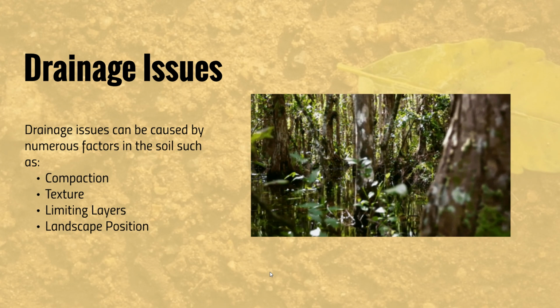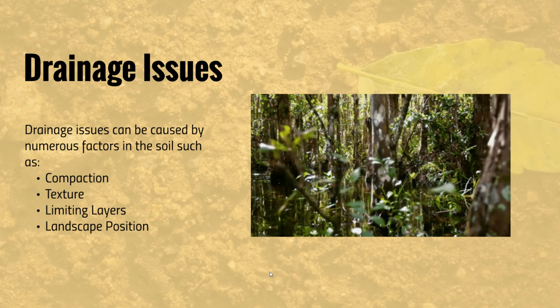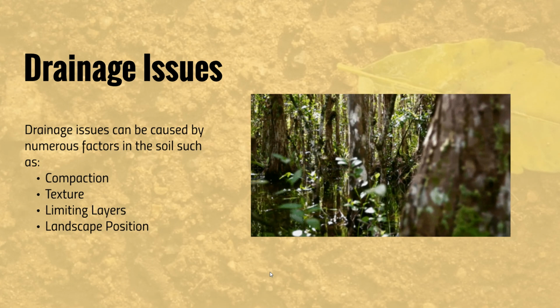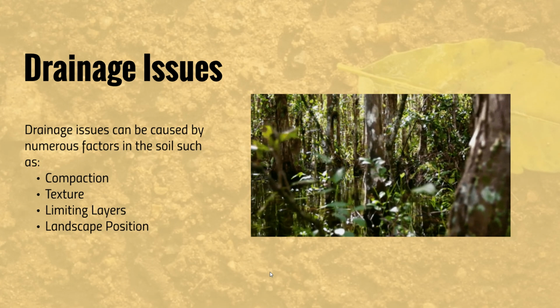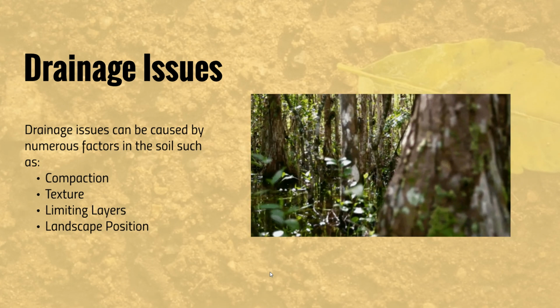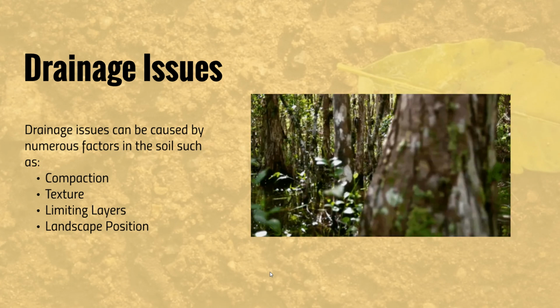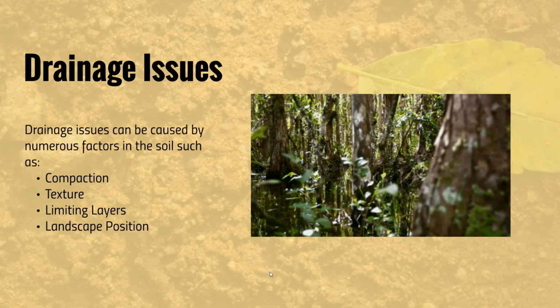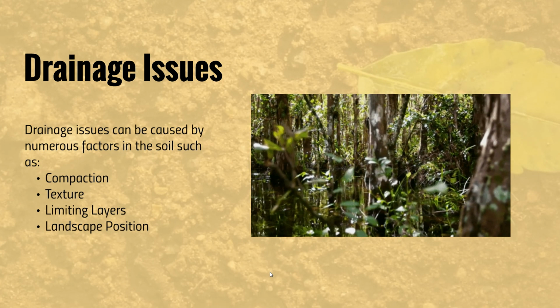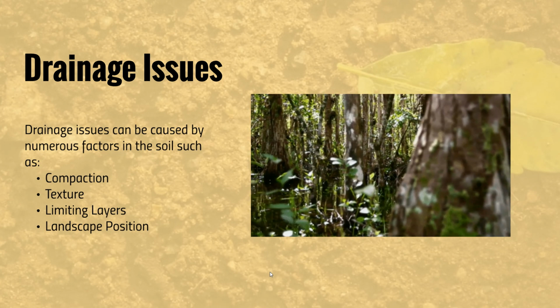All those things sometimes can pop up on your Web Soil Survey. And if you're going out there and you're able to confirm that is what it's looking like, or if you have questions on whether or not the map and what you're seeing on the ground are the same, that's when you would want to call a soil scientist to come and look at it and try to get an idea of what's going on.